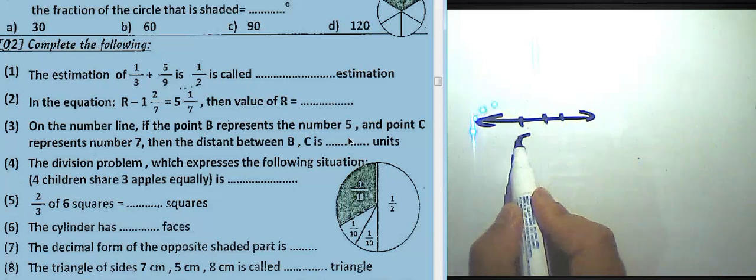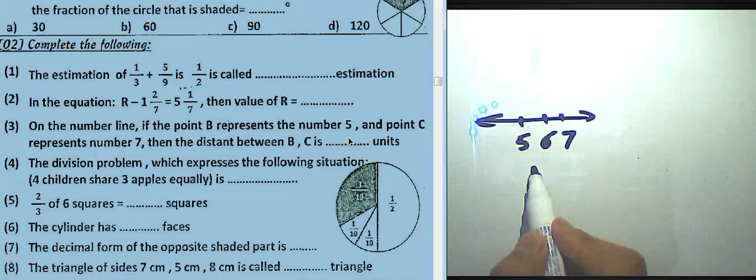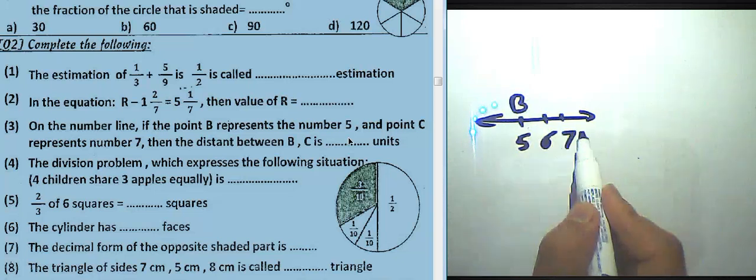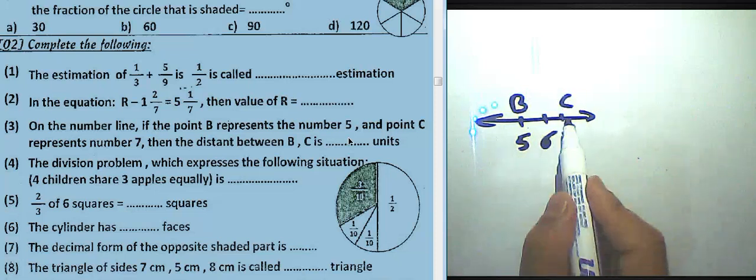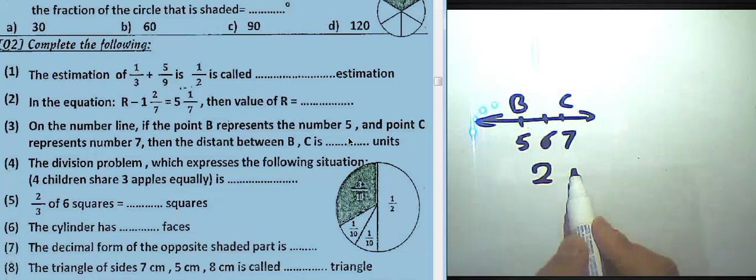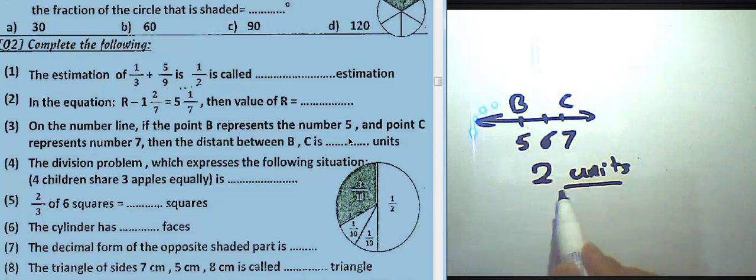We have here 5, 6, 7. Point B here and point 7 is point C. The distance between them will be 2 units. Okay, 2 units.